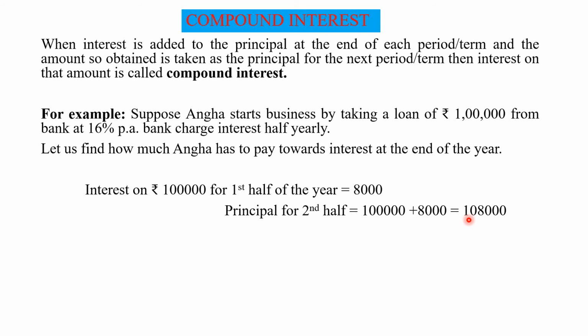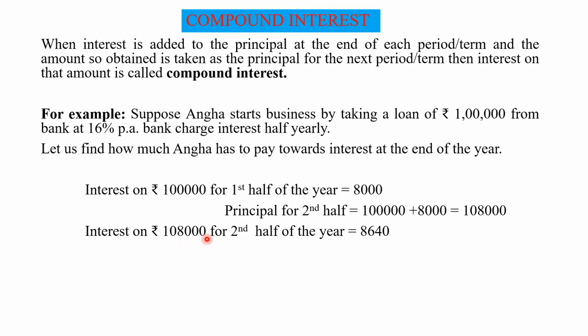This becomes the principal value of the next half. So we find the interest on 1 lakh 8,000 for the second half. The amount of the first half, 1 lakh 8,000, becomes the principal of the second half.